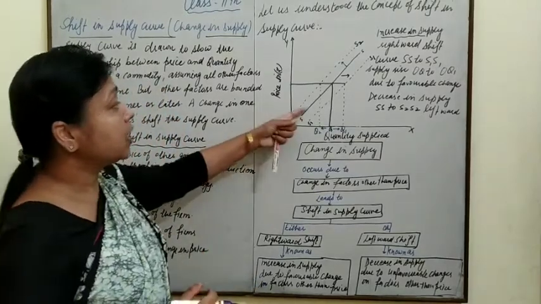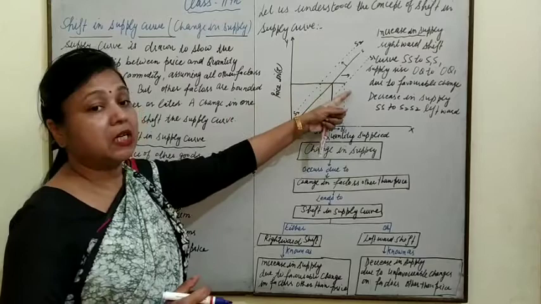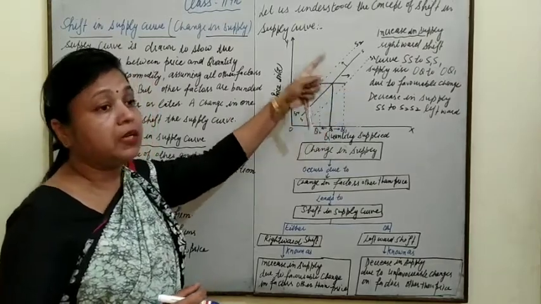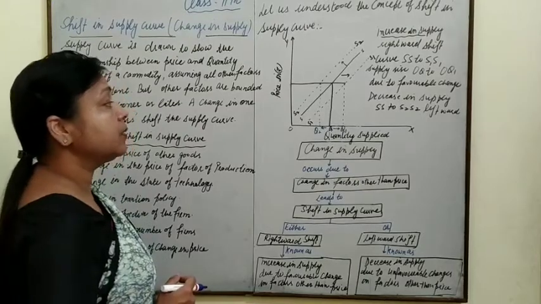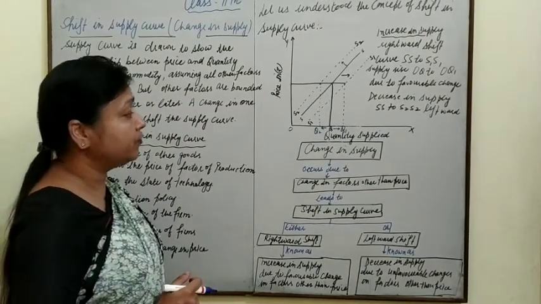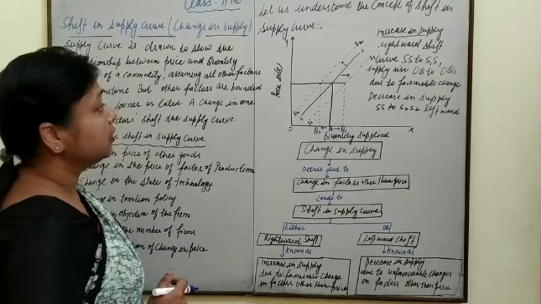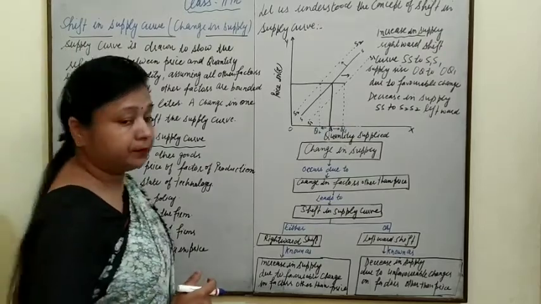So this is a shift of the supply curve. If it is rightward shifting, that is increase in supply, and if it is leftward shifting, that is decrease in supply.